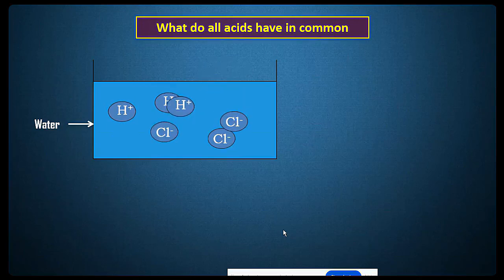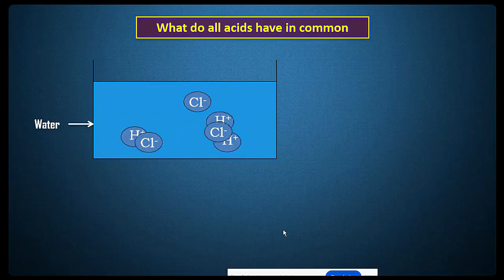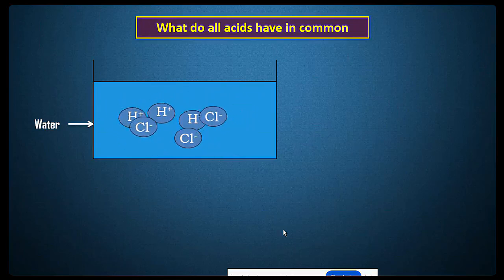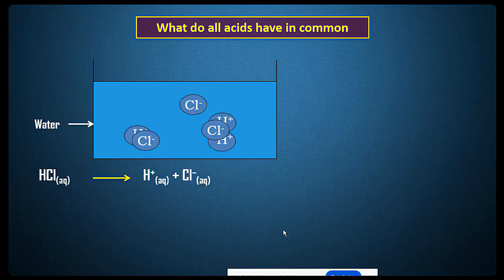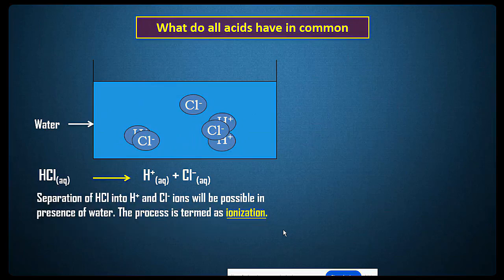Okay, is it clear? You can see here. HCl aqueous gives rise to H plus aqueous and Cl minus aqueous. It means H plus ions and Cl minus ions get separated when mixed with water.